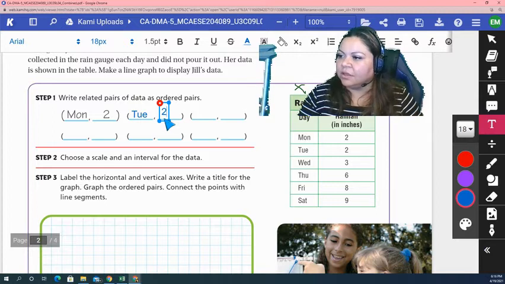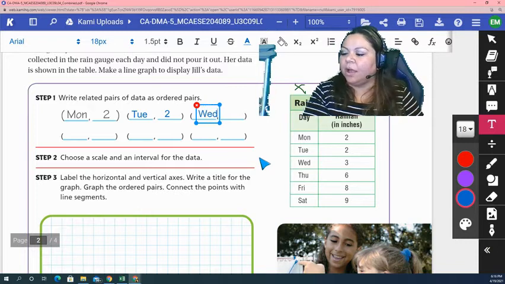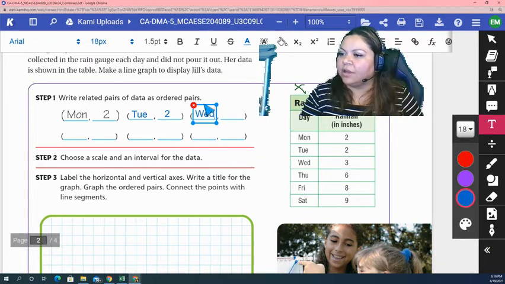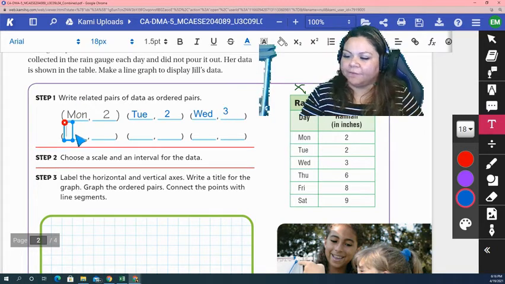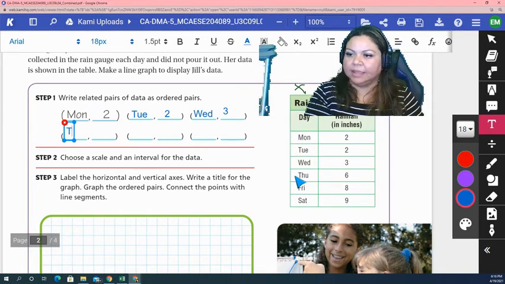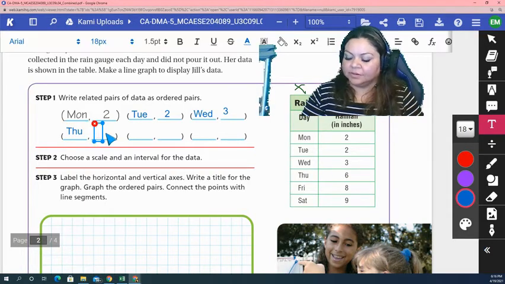So Tuesday is the x coordinate and the y coordinate is the number 2 because that's how much rainfall there was. Then on Wednesday, we put the x coordinate as Wednesday and then the y coordinate is 3. Then we have Thursday. Just Thursday, we had 6. So we're going to write 6 here.